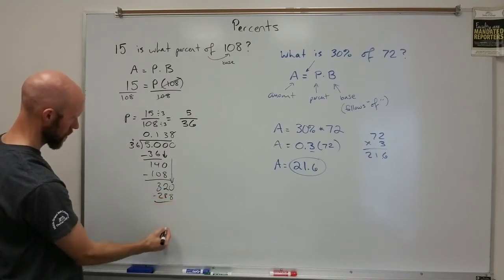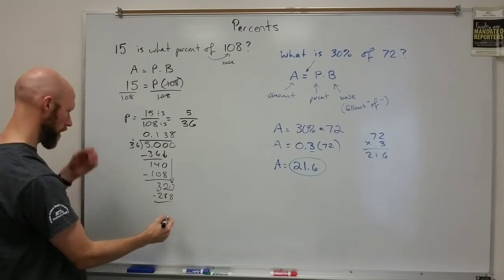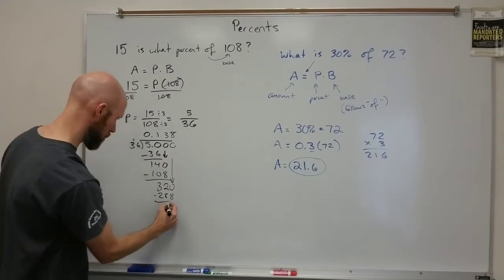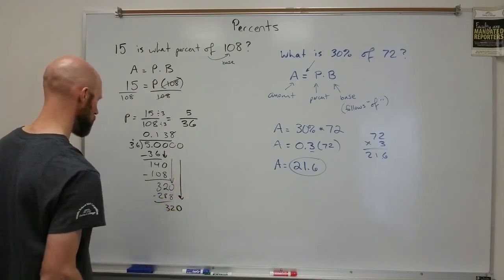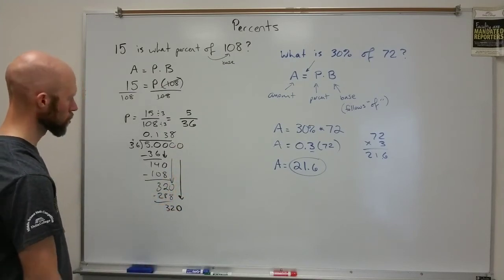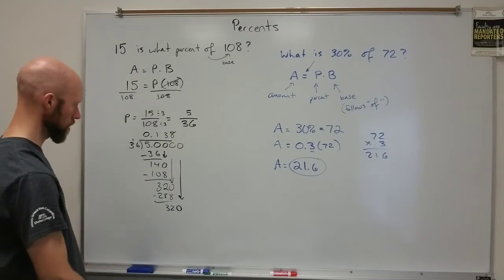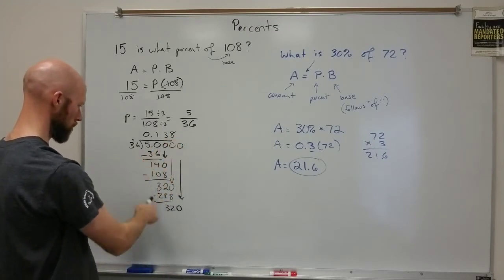And when I do that subtraction, it's 32. Oh, I see a repeater here. Is that a repeater? Oh, sure it is, because it has a 9 as its, or a 3 as its factor, so there we go.